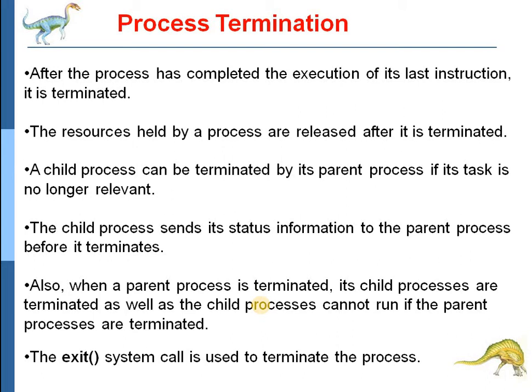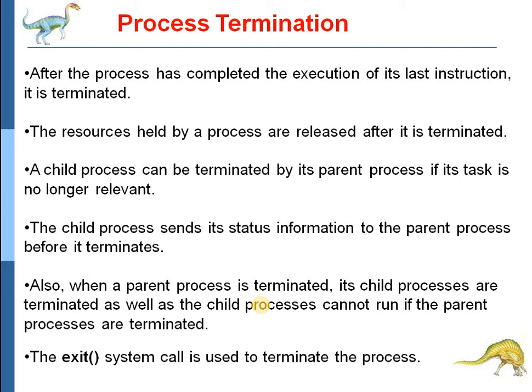The exit system call is used to terminate the process. Means a process is terminated when it finishes by executing an exit system call. When its last statement gets executed, the operating system deletes it using the exit system call.